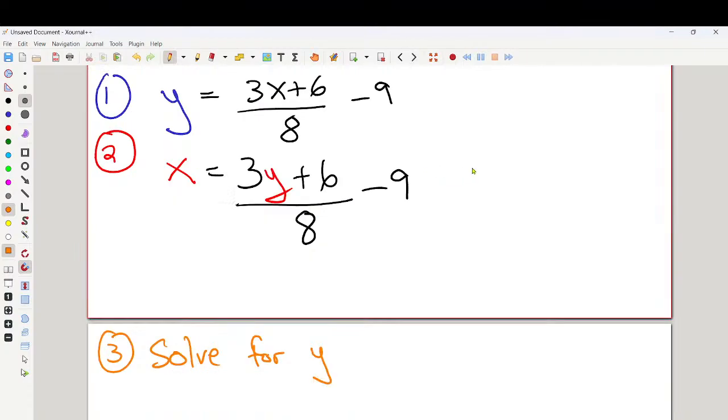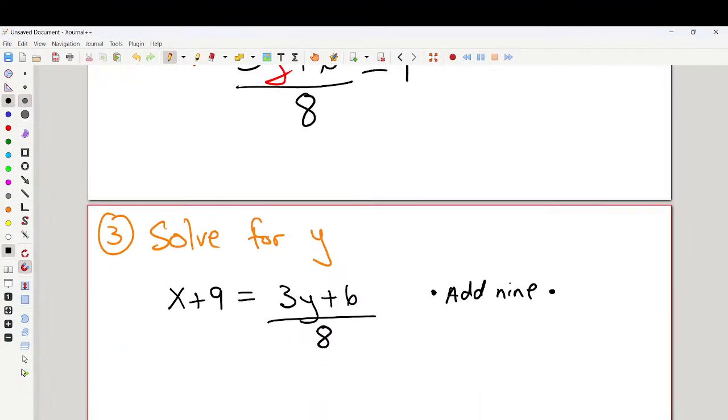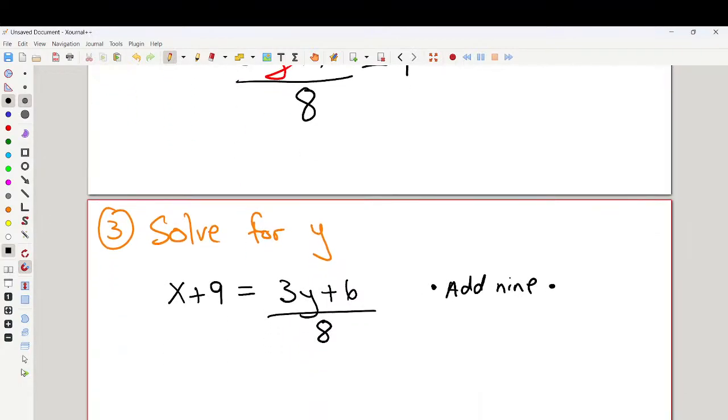So let's start by adding 9 to both sides. And how else can we get y by itself?